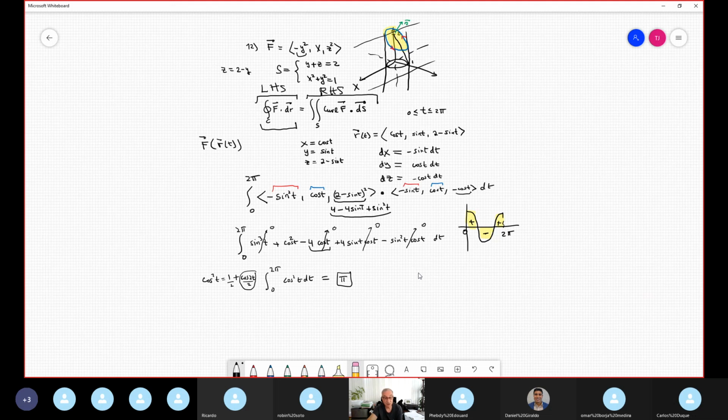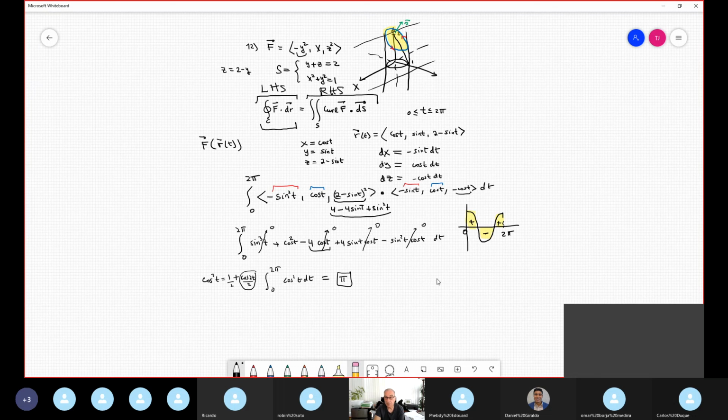Hirado doesn't like surface integral. Okay. I respect that. It depends, no? It depends on the example. Yeah, depending on the example. I want to do it both ways to illustrate.